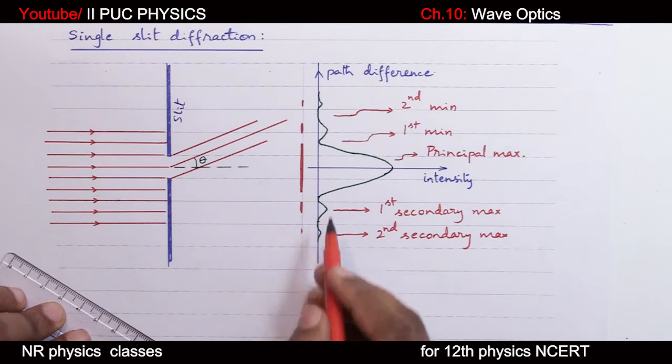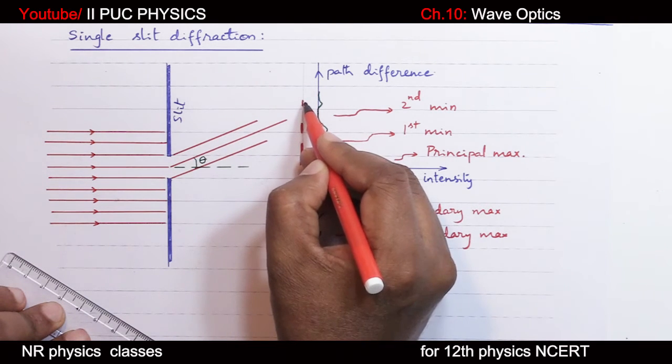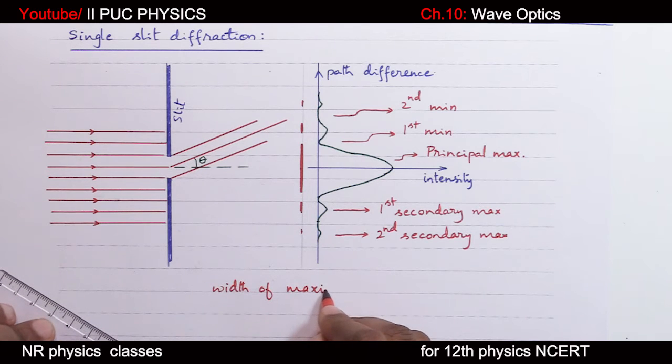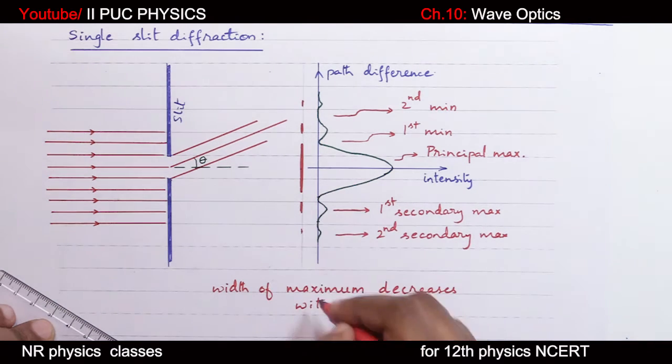Next, if you carefully observe, the width of maxima decreases with order. With order means when we go away from the center, the width decreases.